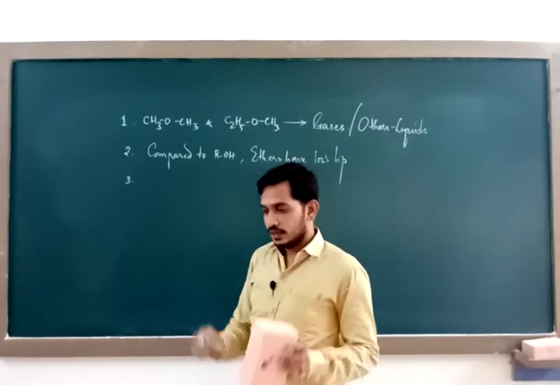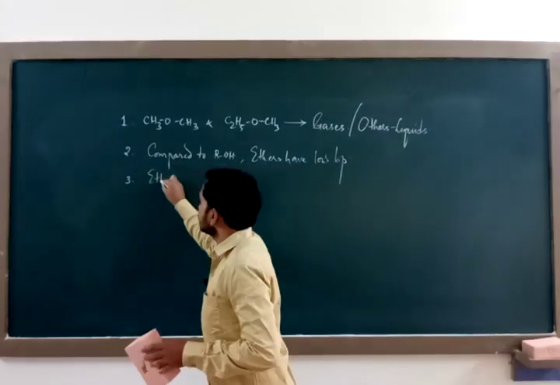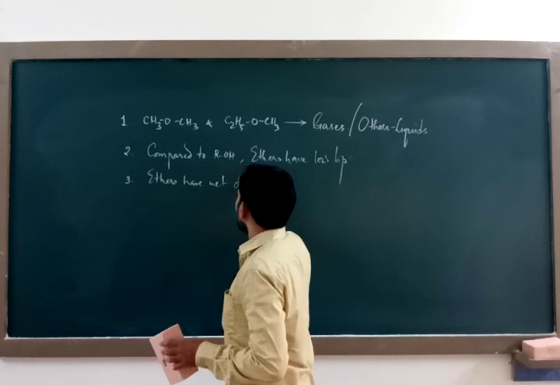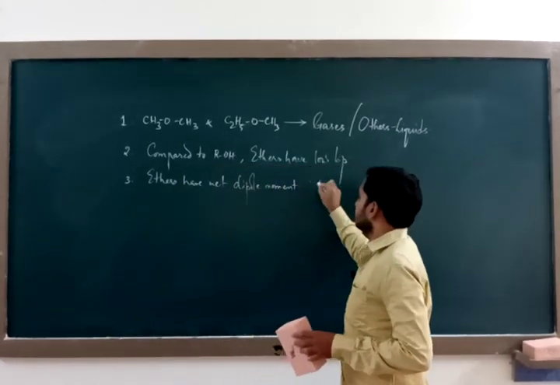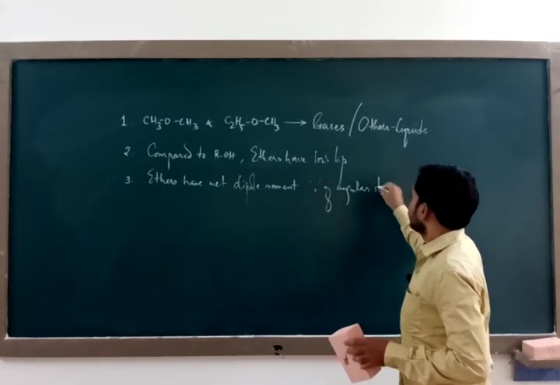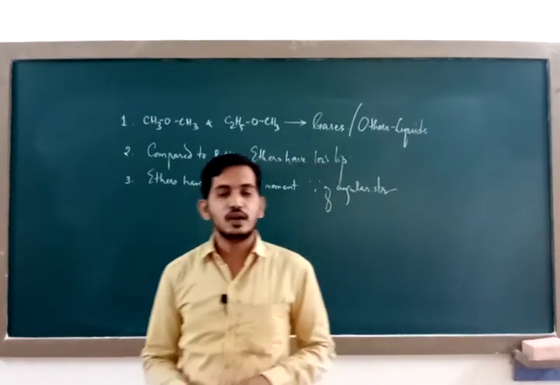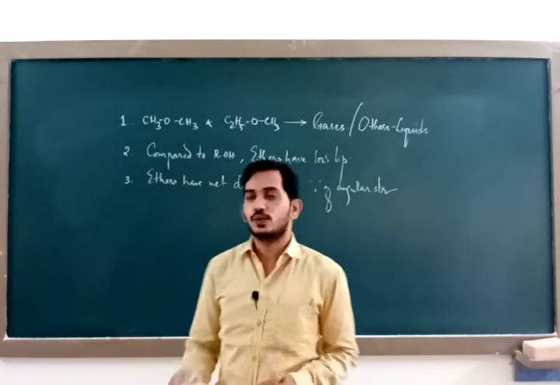In ethers, we have a bent molecule. So, ethers have a net dipole moment because of the angular structure. Because of the angular structure, ethers have some net dipole moment and their dipole moment is not 0.